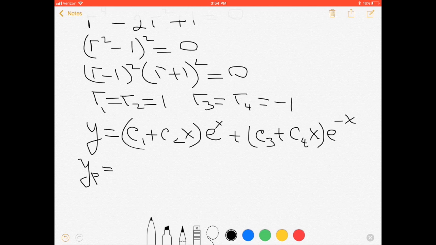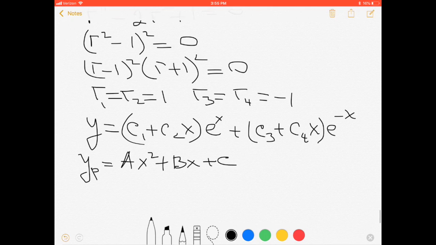Because we don't have r equal 0, it doesn't mean any corresponding part. Because this is quadratic, x squared, this means we have some second degree polynomial. It will be ax squared plus bx plus c.